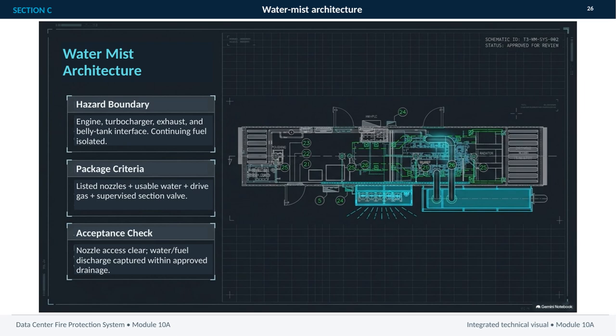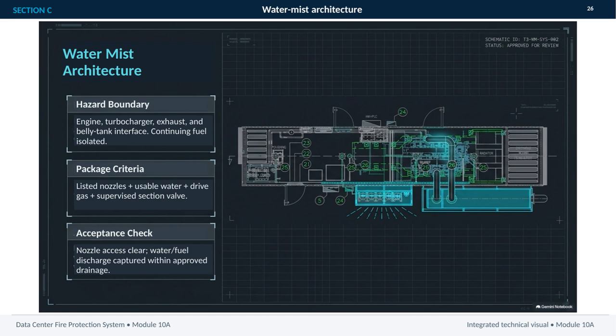The package criteria identify the required building blocks of the system: listed nozzles, usable water, drive gas, and a supervised section valve. These elements work together to provide a controlled and monitorable means of delivering water mist to the designated section. The emphasis here is not simply on having suppression equipment in place, but on ensuring that the complete package is available and supervised.